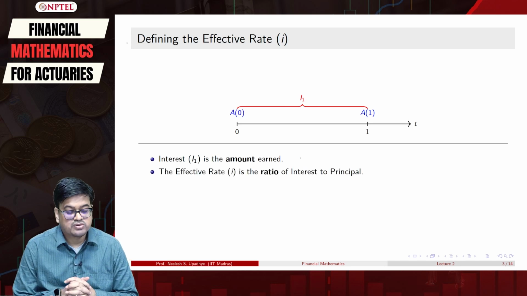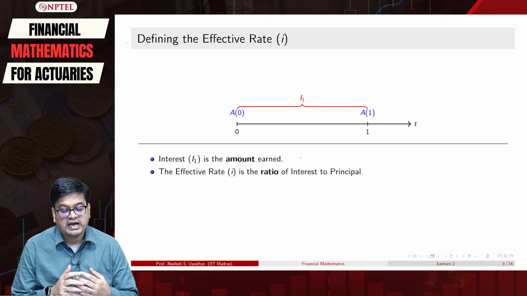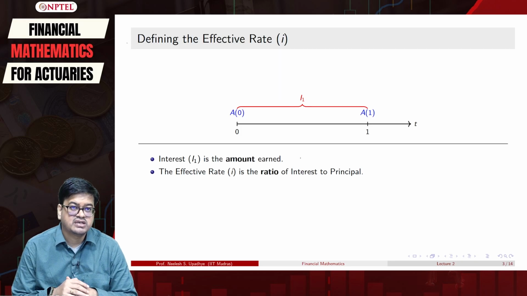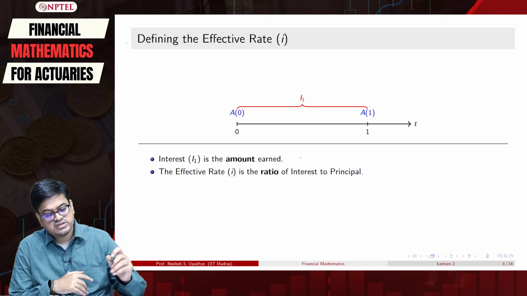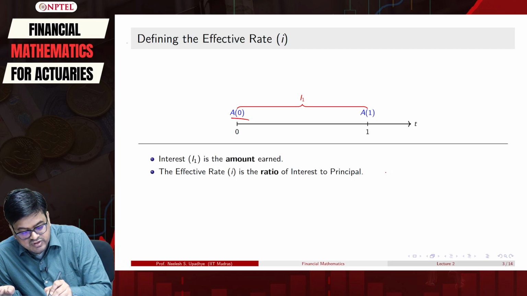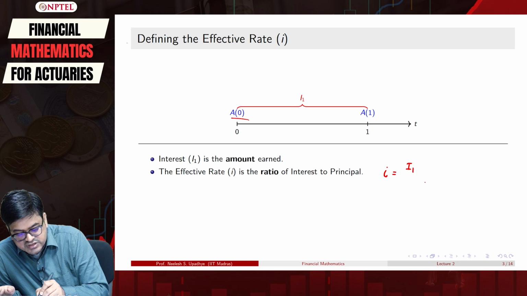Now, when I want to talk about the effective rate, how will I talk about it? I will benchmark my initial capital, which is given by A0, as the reference point, and how much I have earned when I invested A0. That's the idea. So A0 is my principal in this session, and I will use this interest rate i, which will be equal to the interest that I have earned, I1, upon A0.